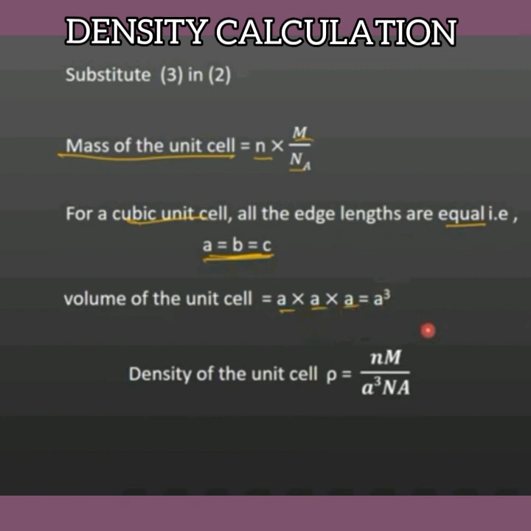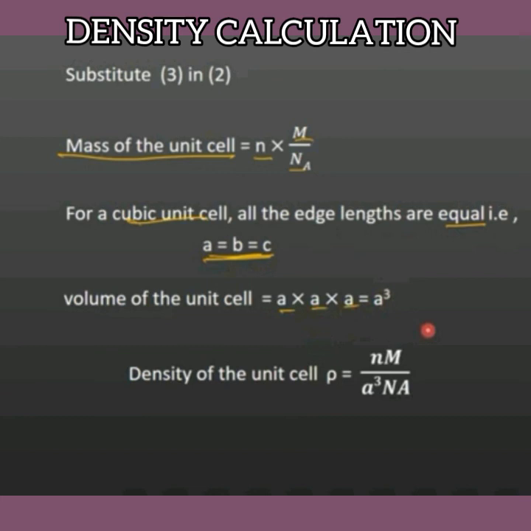The equation becomes density of the unit cell rho equal to n M divided by a cube Na, where small n represents number of atoms, capital M represents molar mass of the atom, Na represents Avogadro number, and a cube represents volume. So density of the unit cell equals nM by a cube into Na.